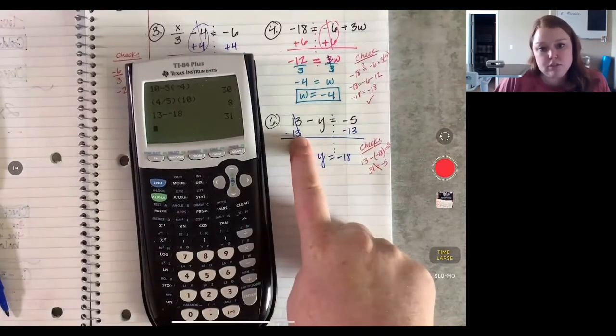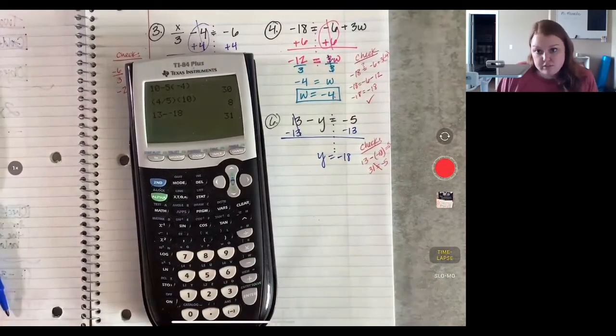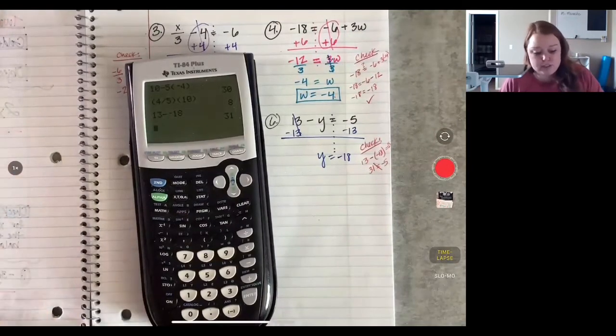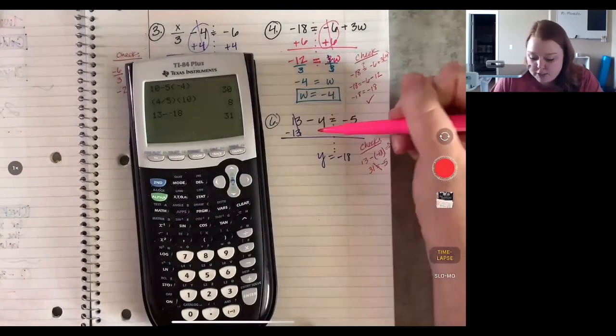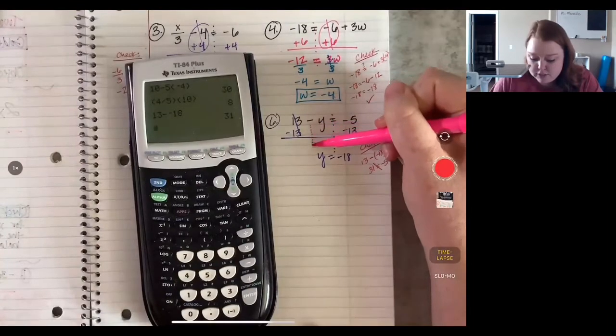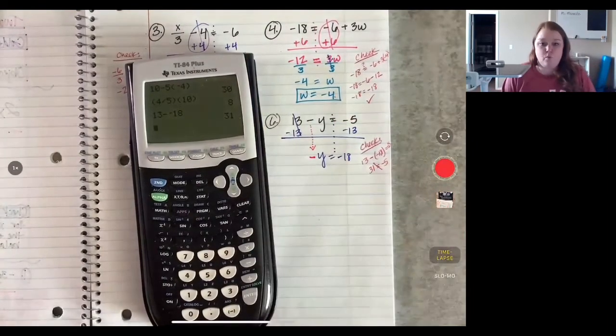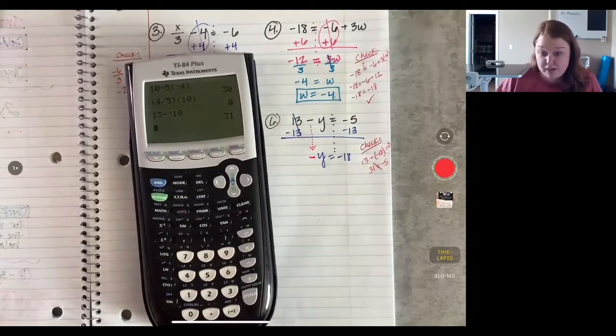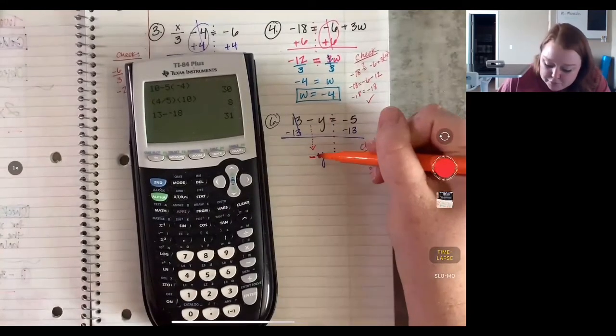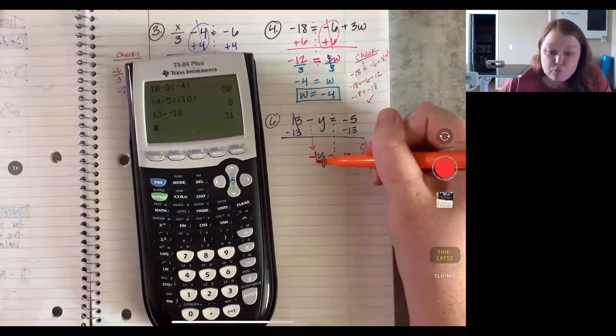I subtracted 13 because it's positive 13, so that's fine. But you know what? I forgot to bring something down. I forgot to bring this negative sign down. This is not y, it's negative y. And you have to bring it down or else it's going to screw up your answer, right? We just saw that. So we have to remember that this technically has a -1 in front of it.